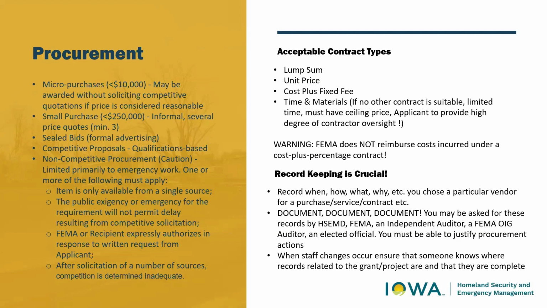When staff changes occur, we encourage you to ensure that someone knows where the records are for this grant. This grant life cycle can take a long time. Although this is a smaller disaster, it might not. But a lot of times when staff transition through years, they're not sure where documentation is.